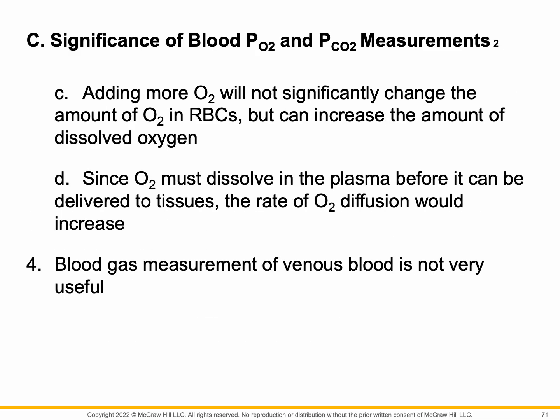In this case, adding more oxygen will not significantly change the amount of oxygen in the red blood cells, but it can increase the amount of dissolved oxygen. Since the oxygen has to dissolve in the plasma before it can be delivered to the tissue, the rate of oxygen diffusion would increase. But the gas measurement of venous blood is not very useful.